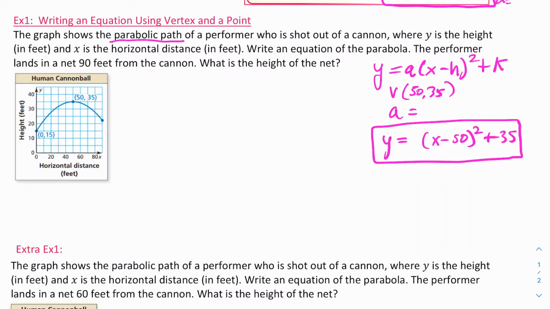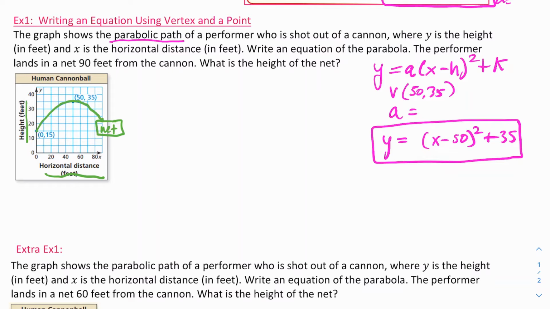So this is a performer. This performer has been shot out of a cannon, and he's flying, and then the performer is going to land in a net over here. The y value represents how high the performer is, and the x value stands for how far they have flown.